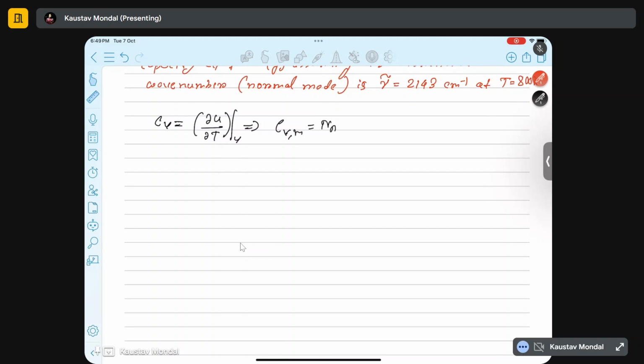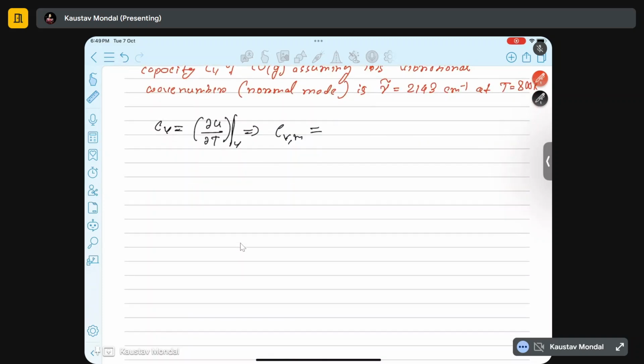Molar means the specific heat of 1 mole of carbon monoxide, right?